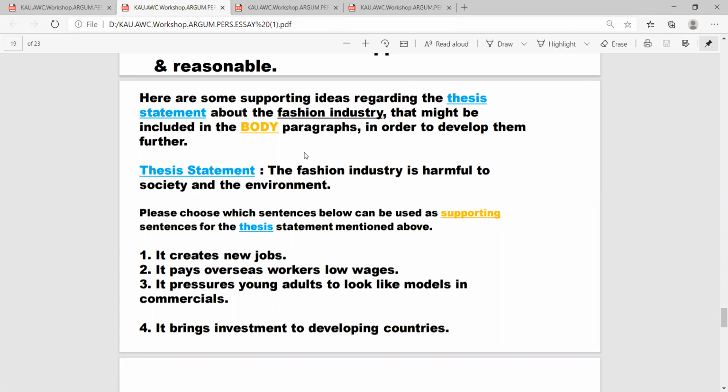But often in the fashion industry, when certain types of clothes go out of style, they are thrown in the garbage because no one wants to wear things that are outdated. So that's why we're saying that it might be harmful to the environment, because it causes waste, right? You have a lot of fabric and material that is put in the garbage.